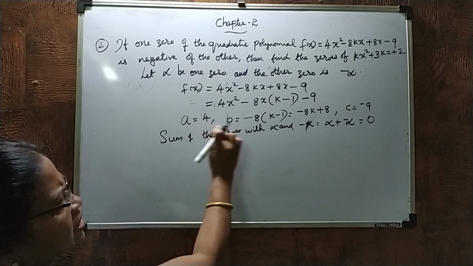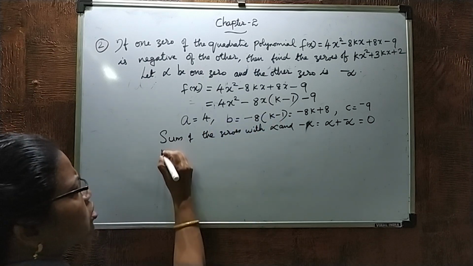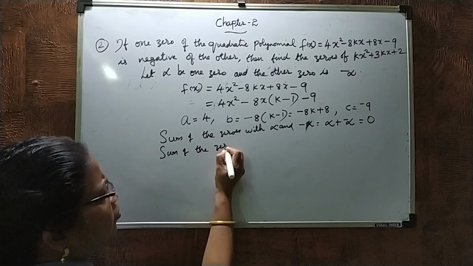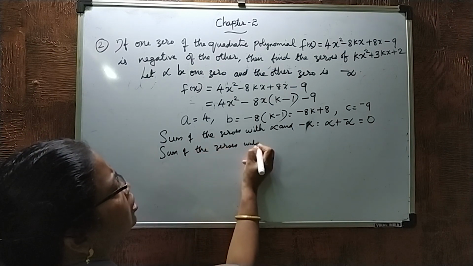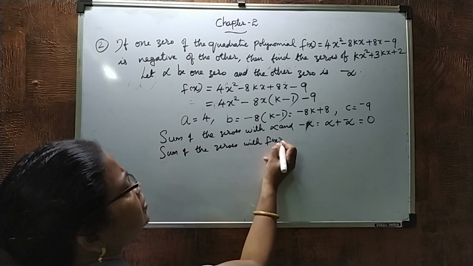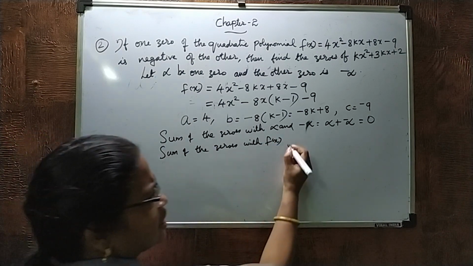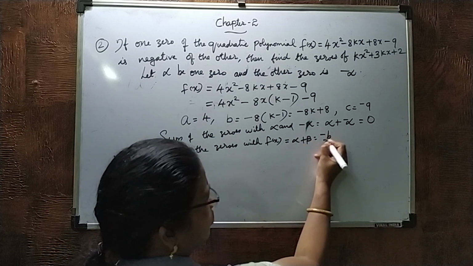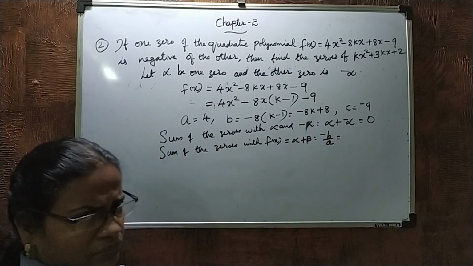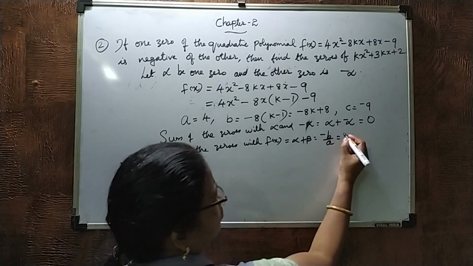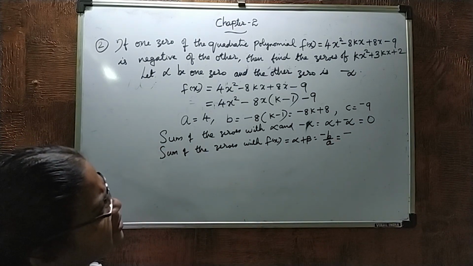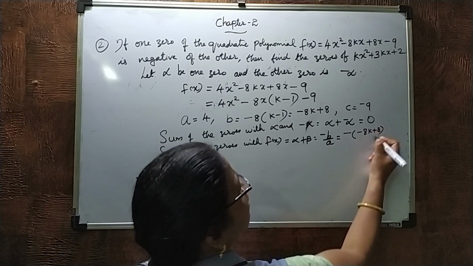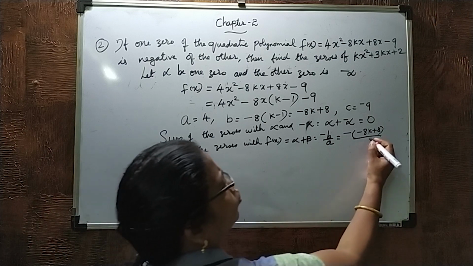Now next we will consider a, b, c. You know the sum of the zeros with f(x): the sum of the zeros, alpha plus beta, equals negative b by a. That means negative into b, which is negative 8k plus 8, divided by a, which is 4.